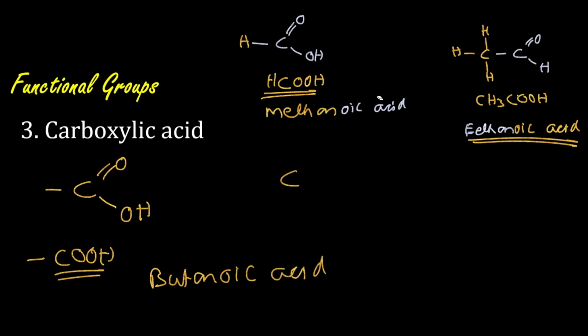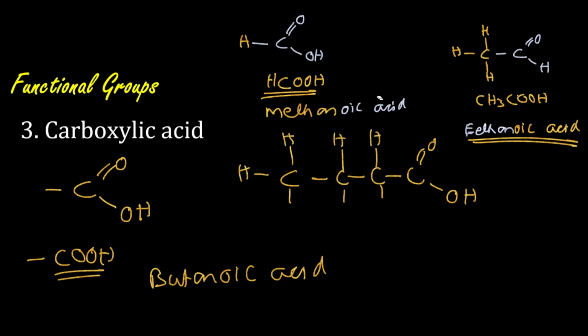For butanoic acid, I'll first write four carbon atoms in a straight chain, keeping in mind that the last carbon atom has to be bonded with double bond O and single bond OH. Then the other unsatisfied valencies will be taken care of by hydrogen, like this. That should be the structure.